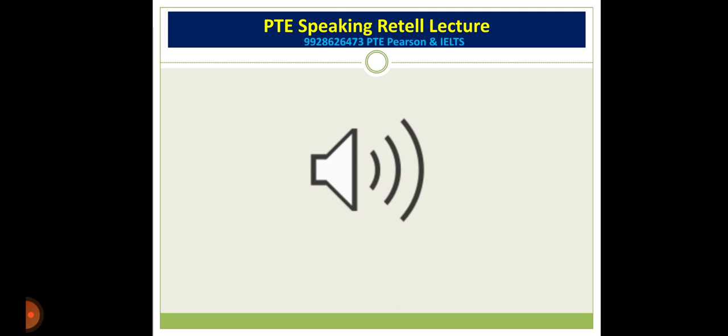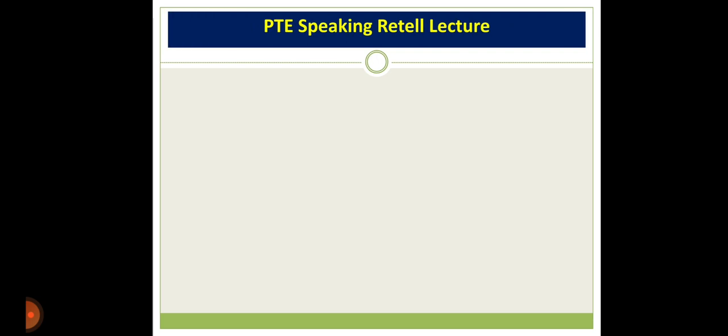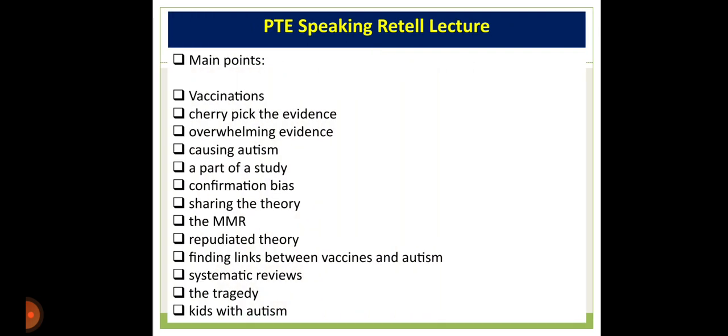Okay, so let's see. You have written some information, I think. Let's see the script here. If you would like to check the information or key points here, you can pause the video. Otherwise, we will see the key points directly. So what are the key points? At least 10 points you have to note down and match them with the audio. If the key points are correct, that means you are moving in the right direction. Otherwise, you have to put in some more effort.